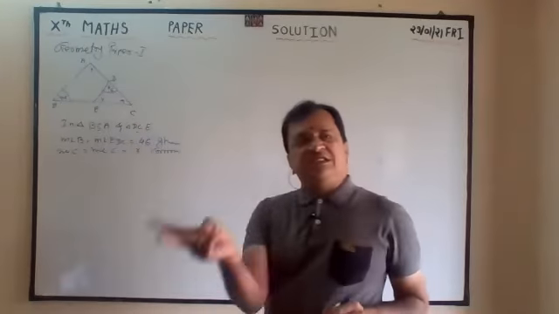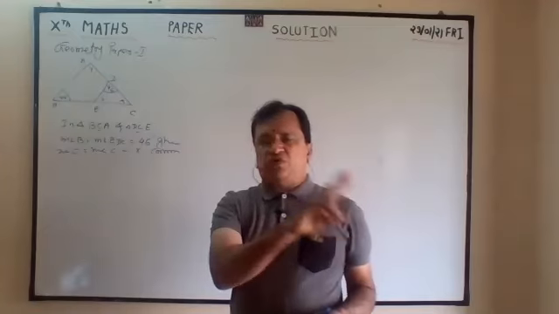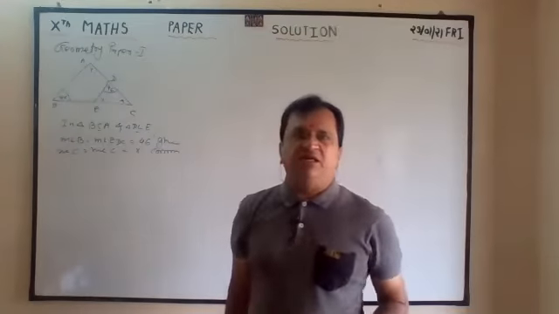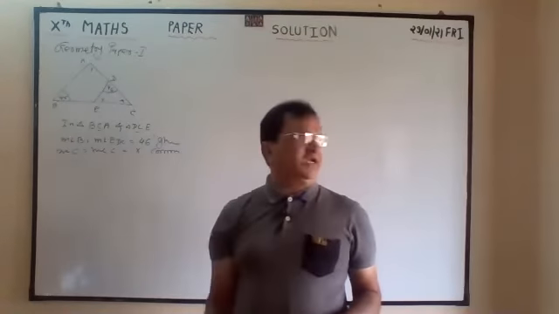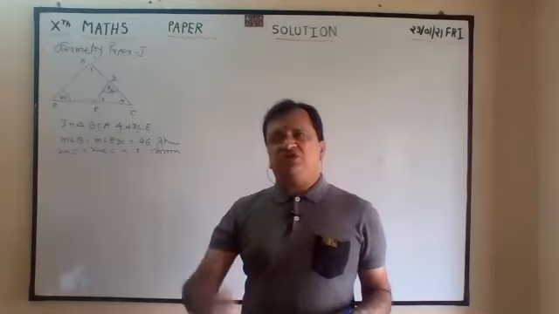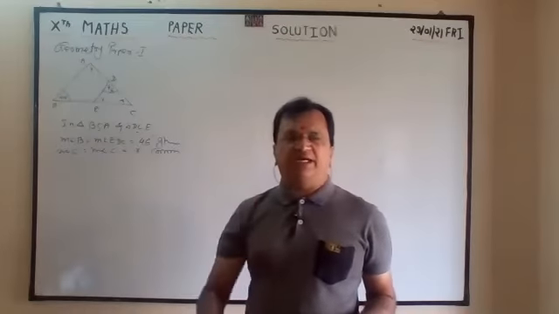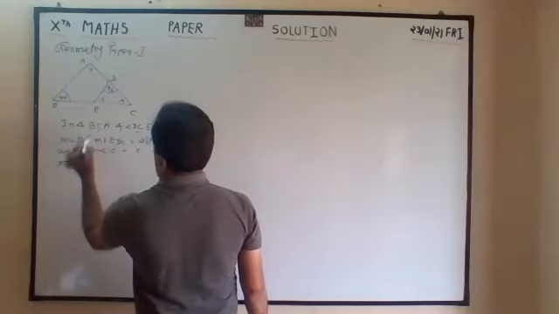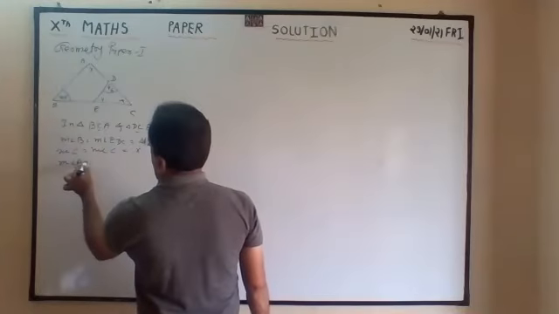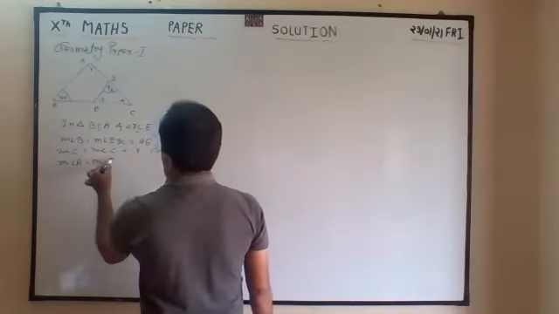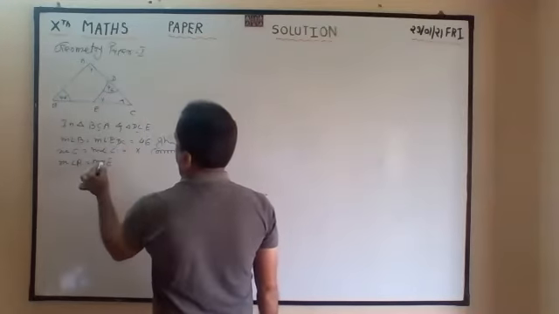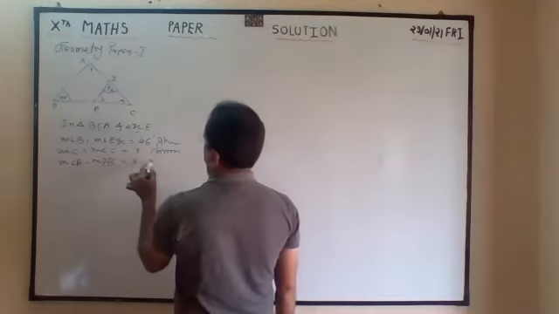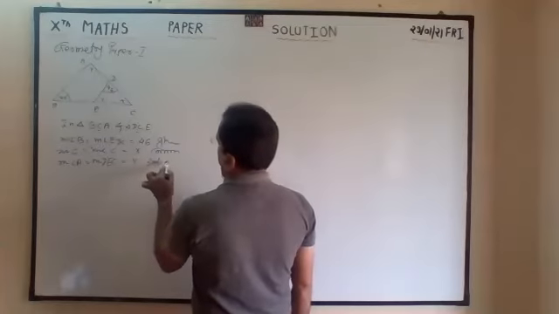If two angles of two triangles are equal, the third is automatically equal, because the sum of the three angles of a triangle is 180. Therefore the third angle, measure angle A equals measure angle E, E means DEC.